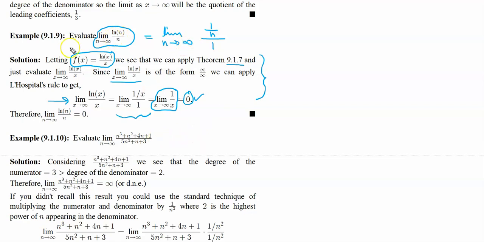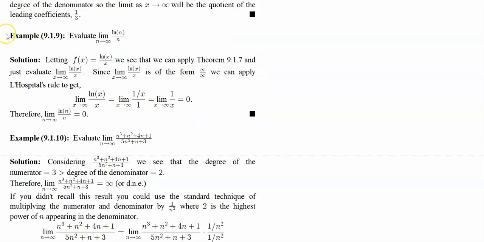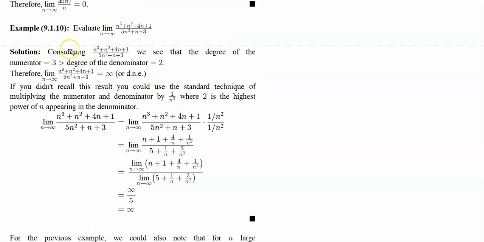Now down here we have another example. So here we want to evaluate the limit as n goes to infinity of n cubed plus n squared plus 4n plus 1, so a third degree polynomial, and then in the denominator 5n squared plus n plus 3. Okay.